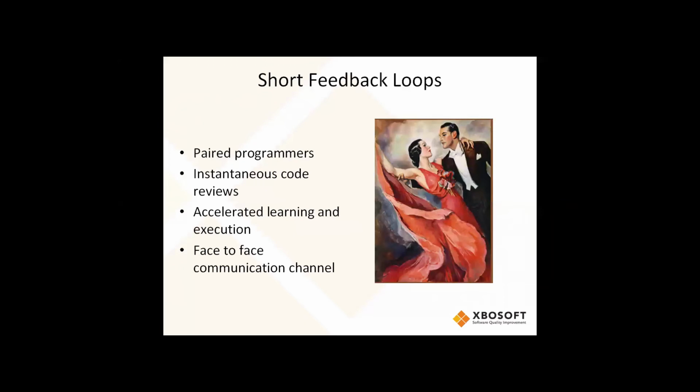And I didn't touch on this in the beginning, but when I was on the nuclear submarine program, way back when, a couple of decades ago, we did a couple of innovative things at that time, even though it was before Agile. We had people working in pairs. So in writing out these military specs for what the code had to do, we had people in teams of two. We had everybody in one giant room.